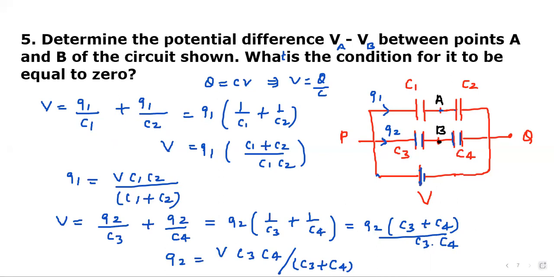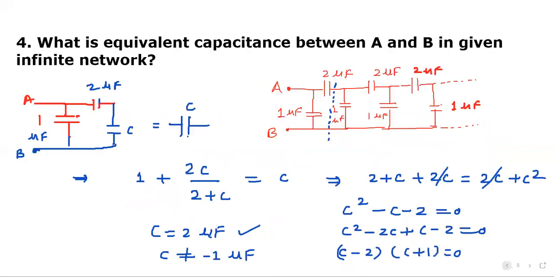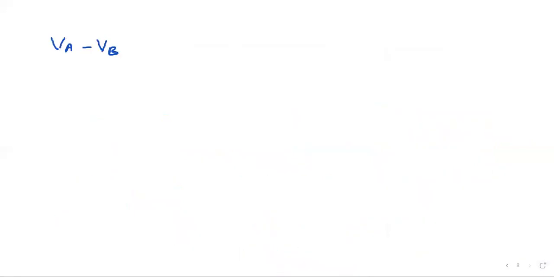Now we have to find out VA minus VB. So VA minus VB can be written as VQ minus VB minus VQ minus VA, where VQ is the potential at this point.